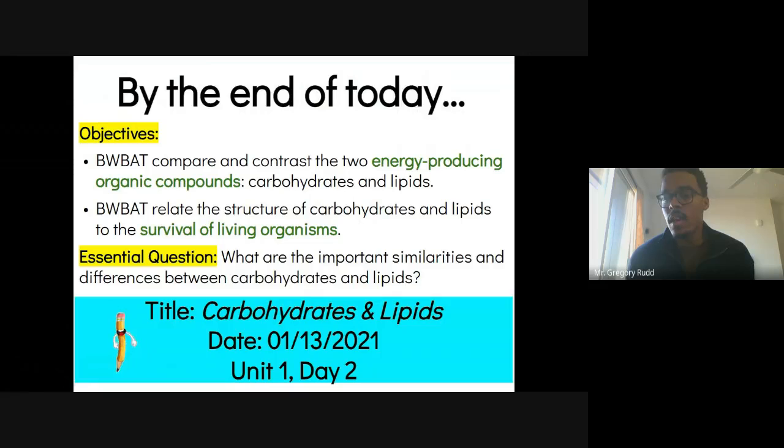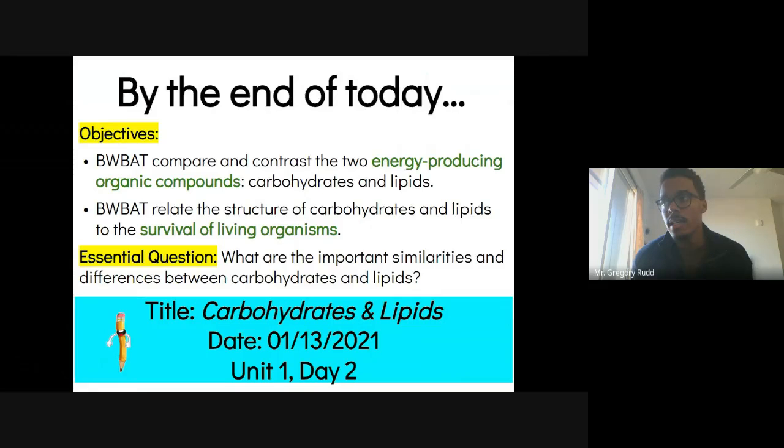Today's objectives are twofold. Thank you, Gloria. We've got two objectives. Number one, biologists will be able to compare and contrast the two energy-producing organic compounds, carbohydrates and lipids. So we're focused today specifically on carbohydrates and lipids, and that is indeed the title of today's lesson.